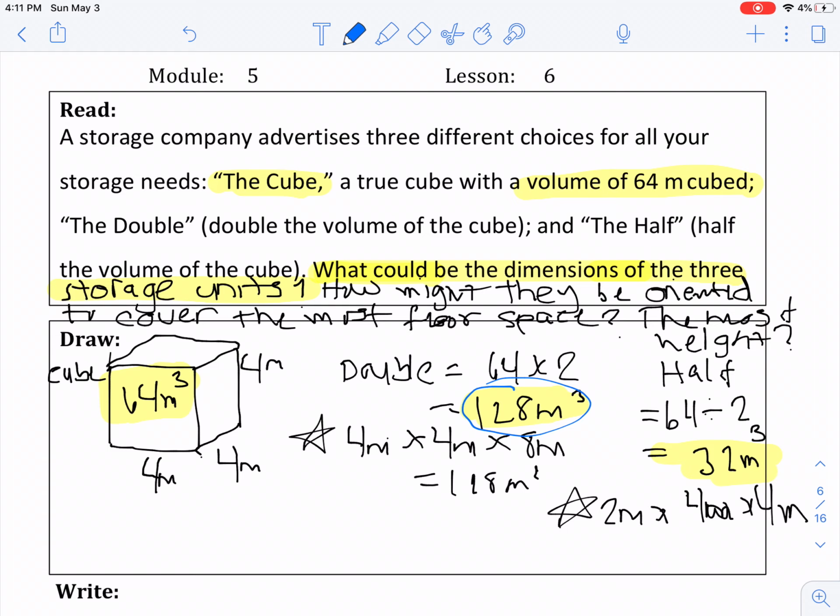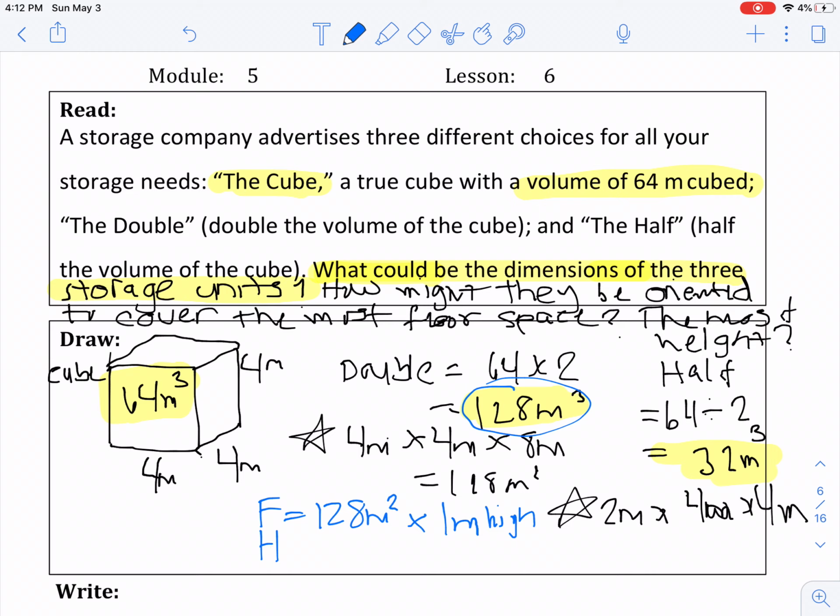That would cover a lot of floor space. So 128 square meters times 1 meter height. That would be the most floor space.